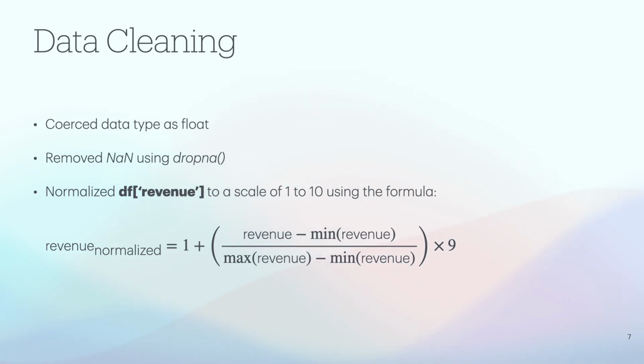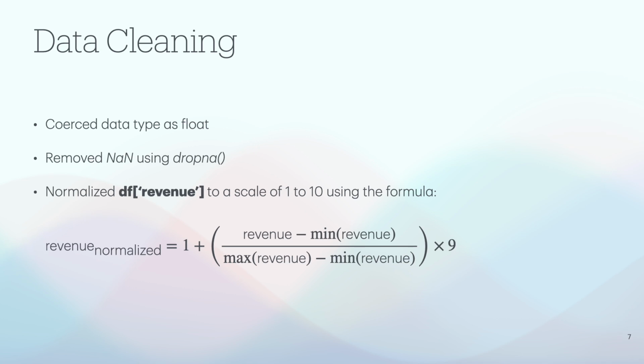And then I also thought it would make more sense if I were to normalize the revenue on a scale of 1 to 10, because sometimes the numbers go in hundreds of millions and sometimes it's like $100,000, hundreds of thousands of dollars.